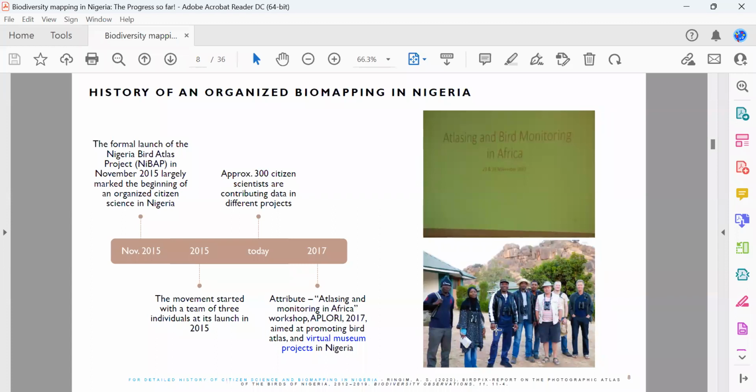And that's also happening in Nigeria. So how did we arrive at where we are today? The formal launch of the Nigeria Bird Atlas project in November 2015 largely marked the beginning of organized citizen science in Nigeria. And the movement started with a team of three individuals, Dr.